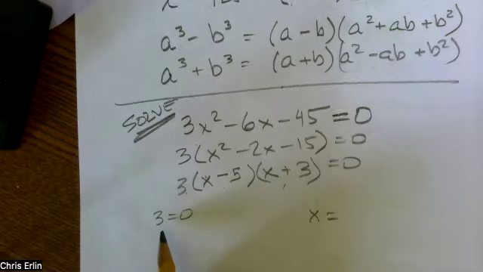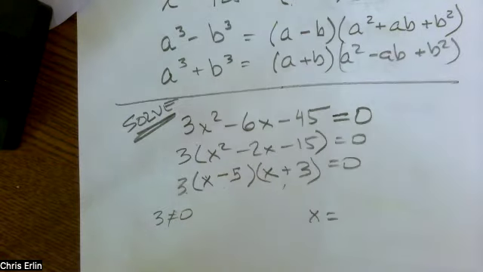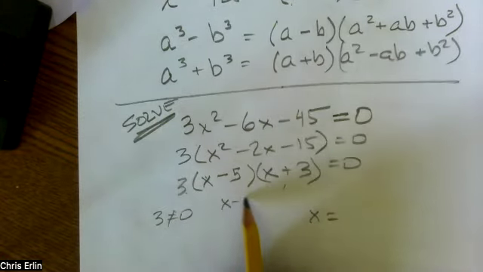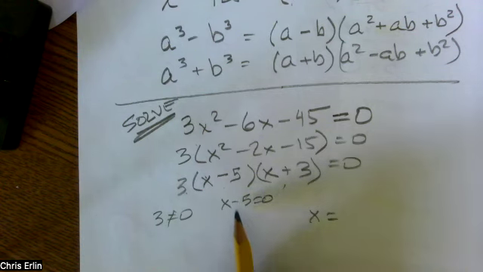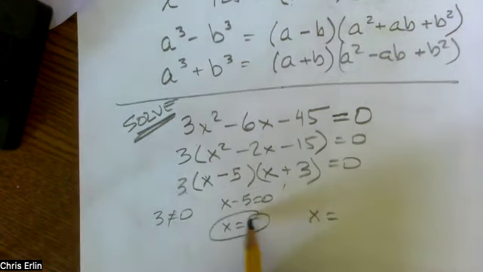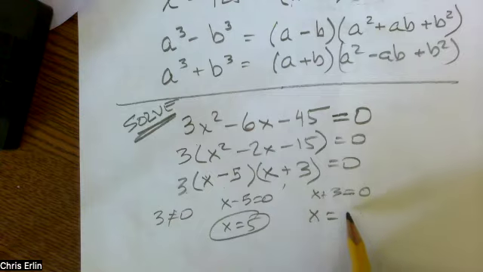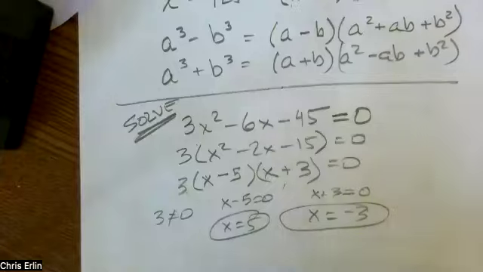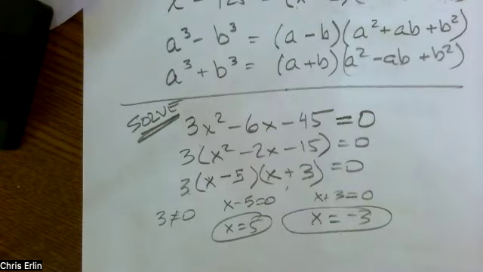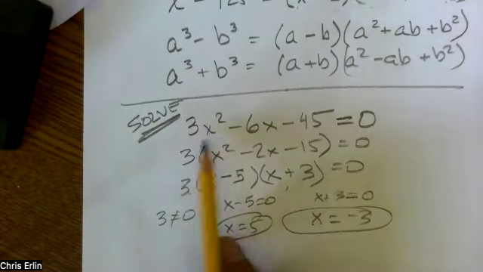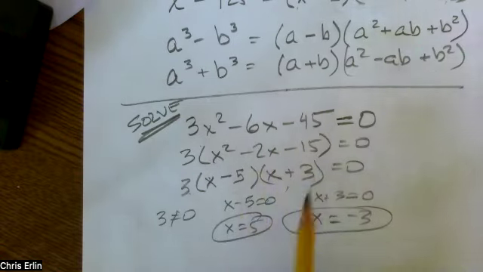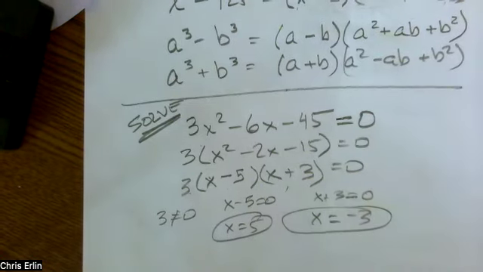So maybe 3 is equal to 0. Well, no, that's not true. Maybe x minus 5 is equal to 0, in which case x equals 5. Or maybe x plus 3 is equal to 0, in which case x equals -3. Those are my 2 solutions. So when it says solve, you use whatever techniques you need, and then the zero product property to find the answers.